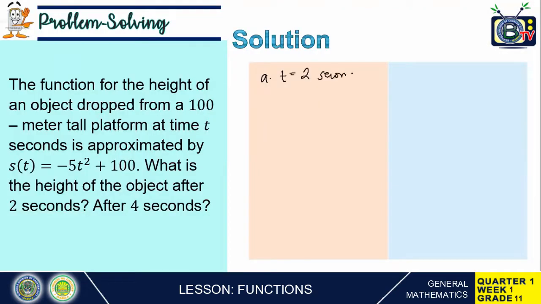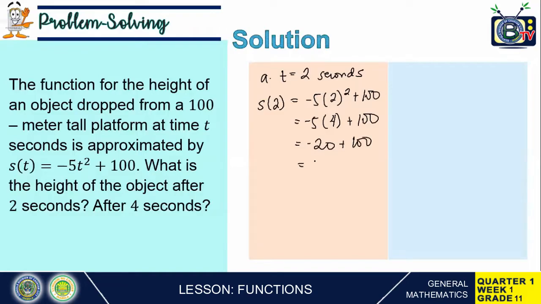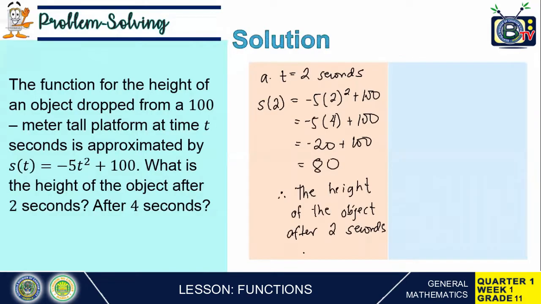For our solution, in letter A, we are going to let t is equal to 2. This means that s of 2 is equal to negative 5 times the square of 2 plus 100. The square of 2 is 4. Negative 5 times 4 is negative 20. Negative 20 plus 100 is equal to 80.